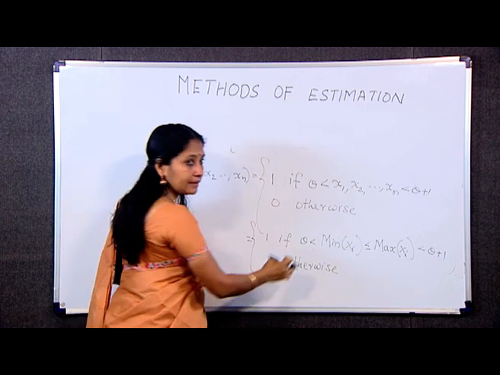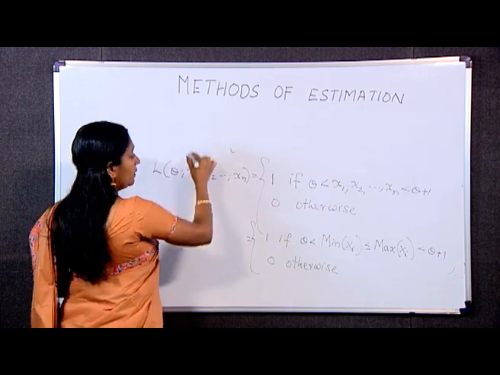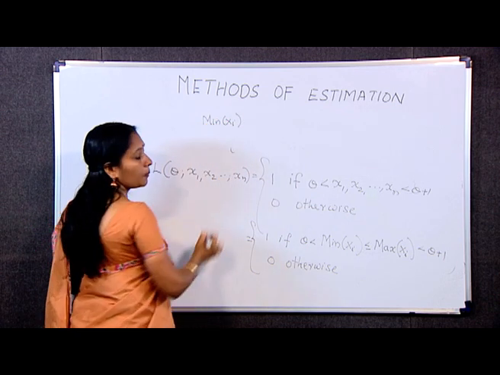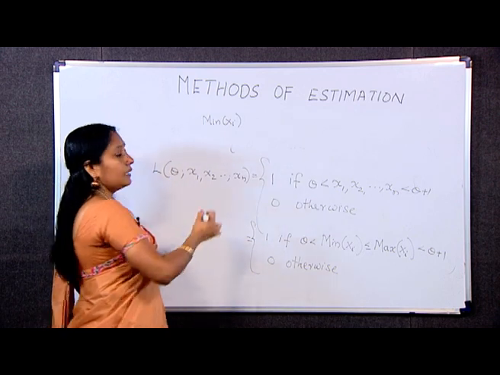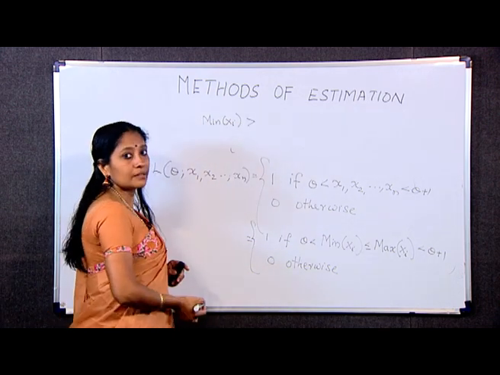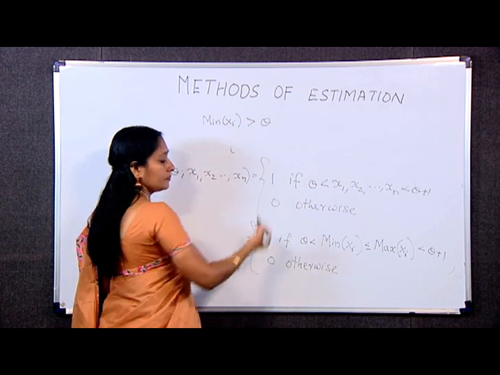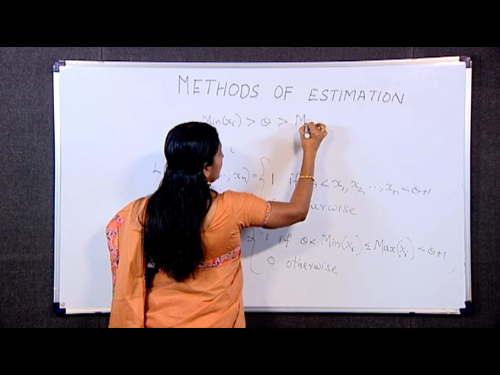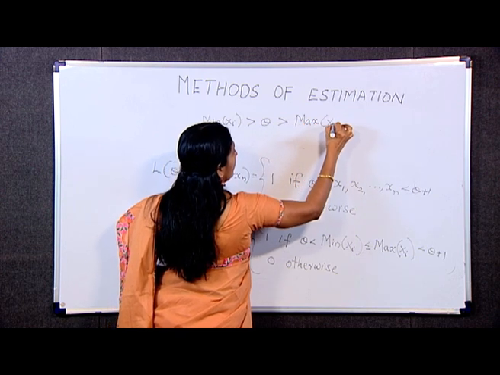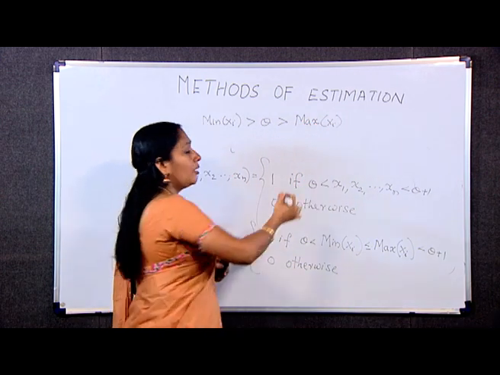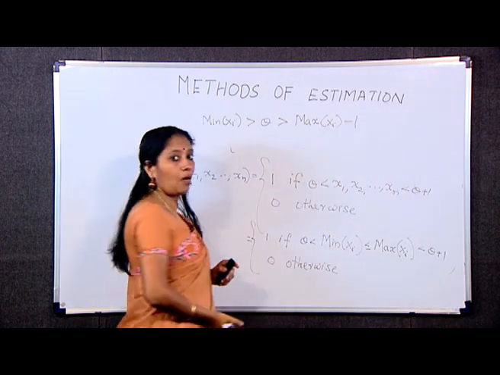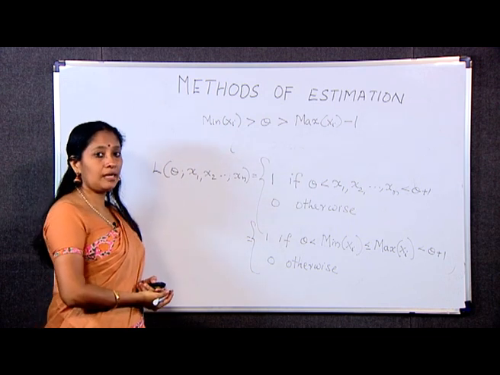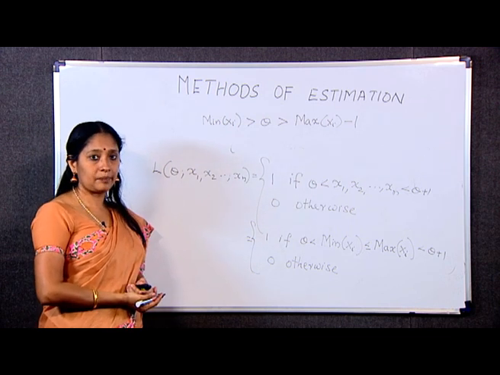from this inequality we can write maximum of xi minus 1 less than theta less than minimum of xi.